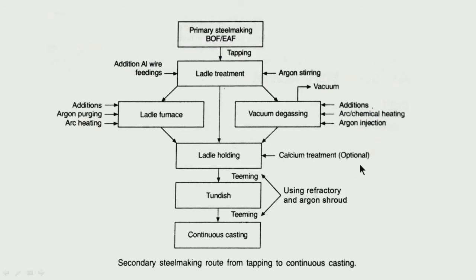This wire, which is present in the form of a spool, with the help of a feeder, is being pushed deep inside the ladle. So, wire injection is possible at this stage, and then if you are holding the ladle, we are allowing the inclusions to float up, whatever alumina inclusions are forming, whatever calcium aluminates are forming.